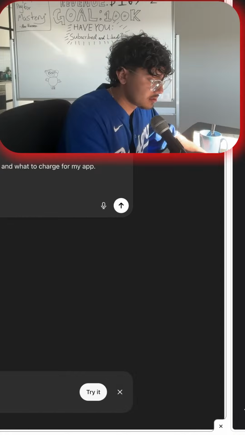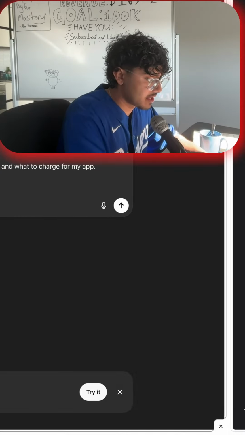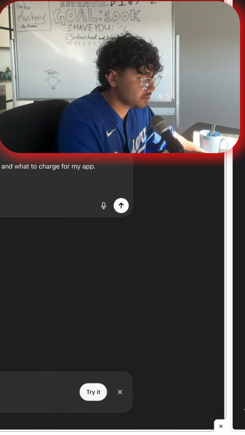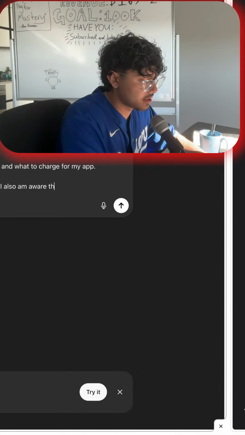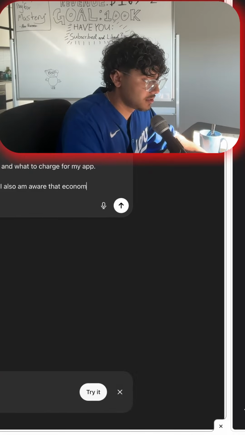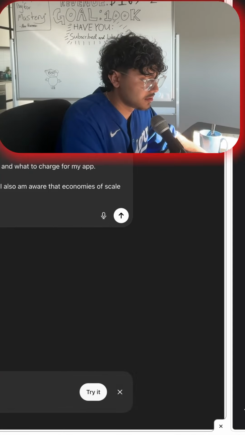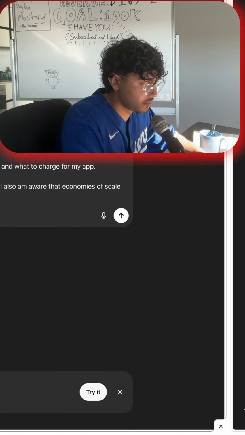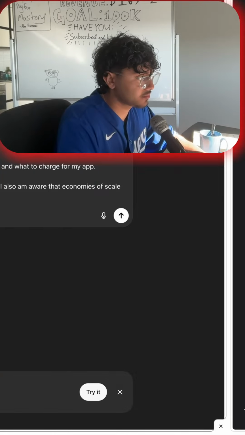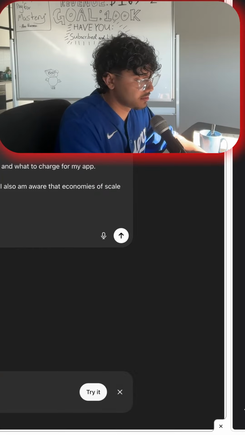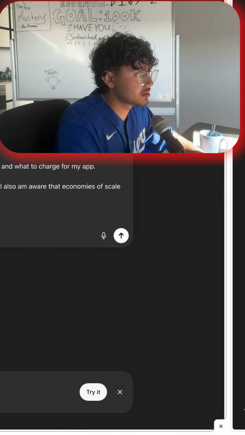I'm curious as to how Kalshi and Polymarket do it. However, I am also aware that economies of scale allow these larger platforms to charge much lower fees. That in mind, what do you suggest?